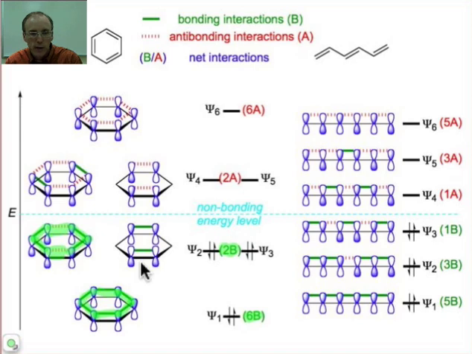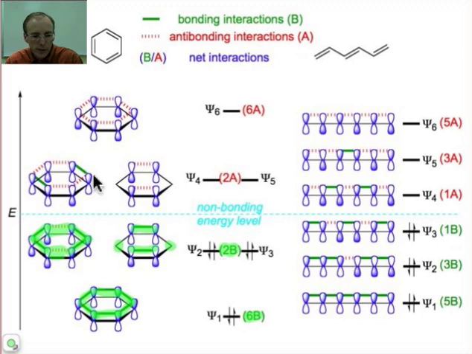In the case of psi 3, where we have atoms that contribute none of their atomic p orbital to the pi molecular orbital, we have a net 2 bonding interactions, and so that reveals how these are degenerate pi systems. Psi 2 and psi 3 are degenerate.